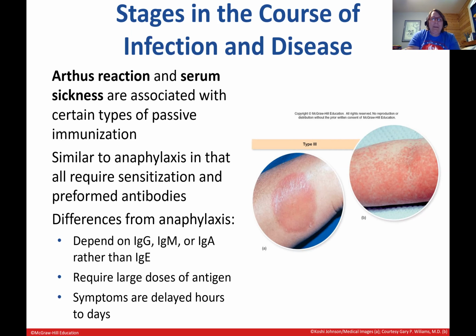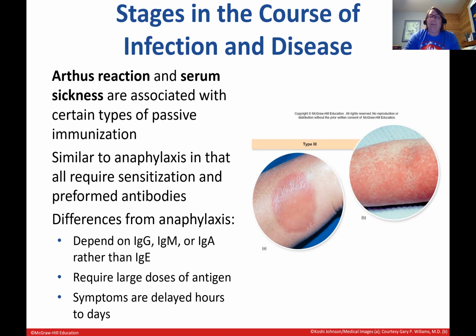Okay, so it's similar to anaphylaxis in that it requires sensitization and preformed antibodies. However, the types of antibodies are different. In this particular case, it's mediated by IgG, IgM, and IgA, whereas anaphylaxis is mediated by IgE antibodies.